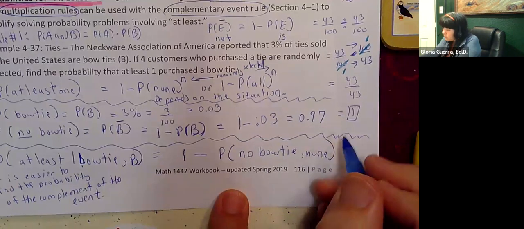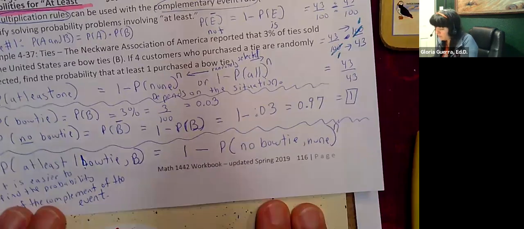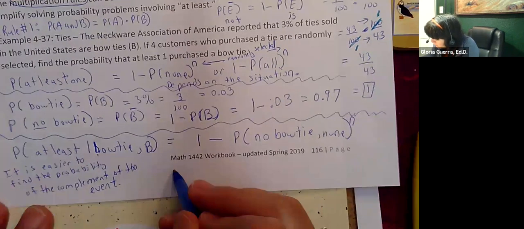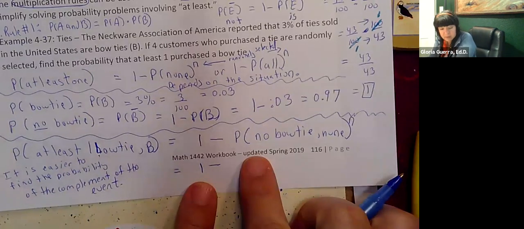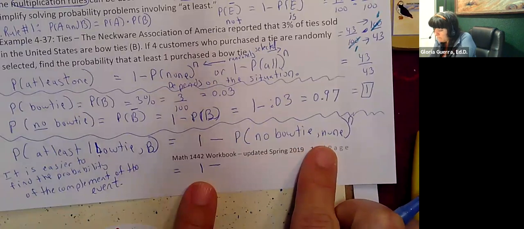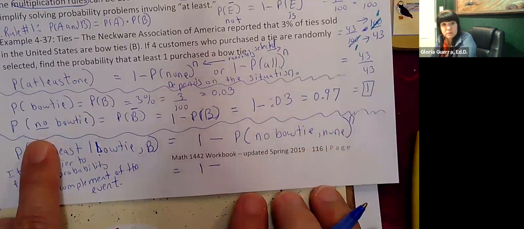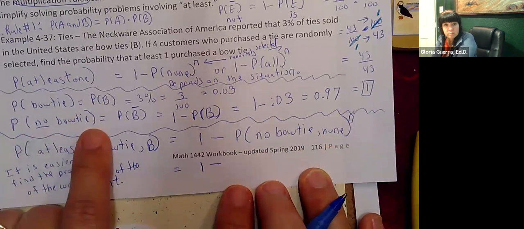And then I'm going to raise it to the n power. So I have 1 minus probability of no bow tie, none. Wouldn't that be this here? Probability of no bow tie, probability of B bar.